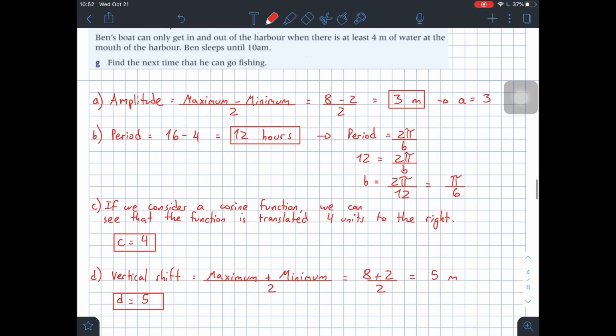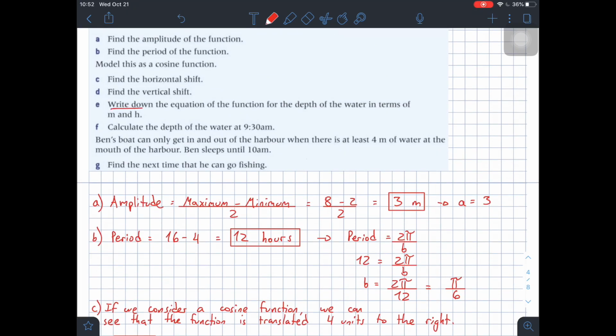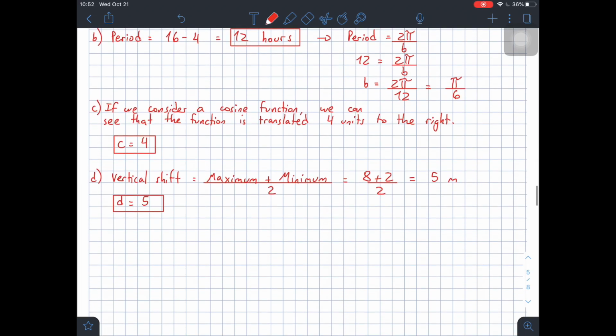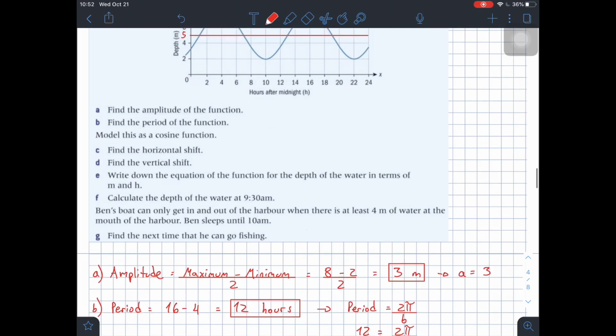Okay, so now we have all of the elements for the trigonometric or periodic function, right? We have the value of A, we have the value of B, we have the value of C, and we have the value of D. So with all of this information, for part E, it says write down the equation of the function for the depth of the water in terms of M and H. Okay, so we're going to write our equation, which would be M is the depth in meters, and H is the hours after midnight.